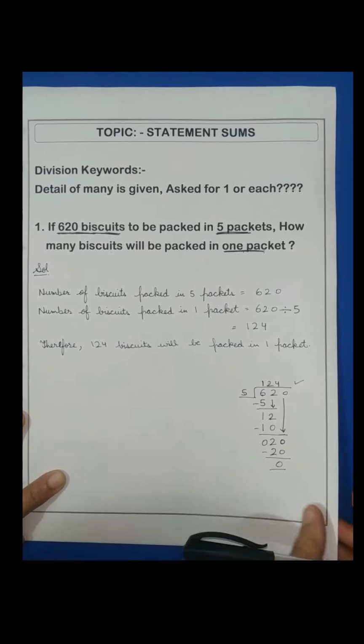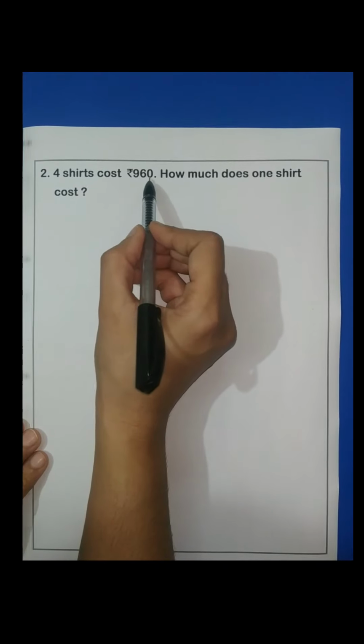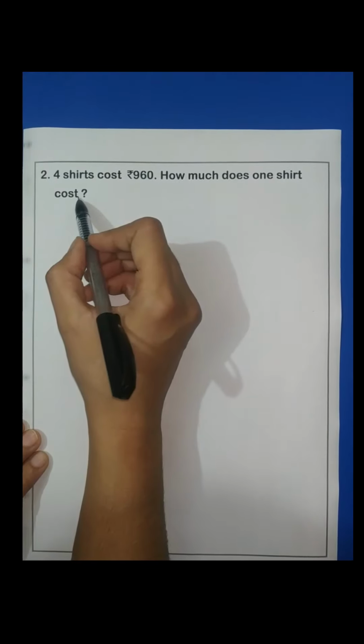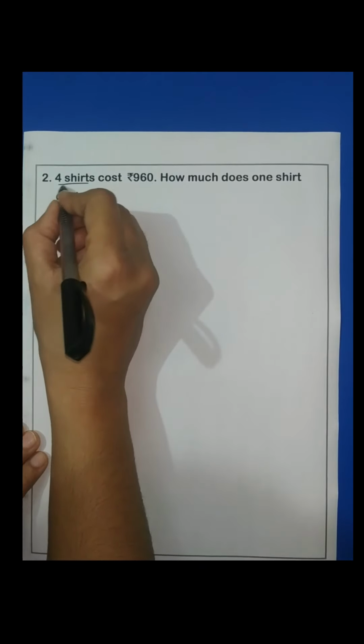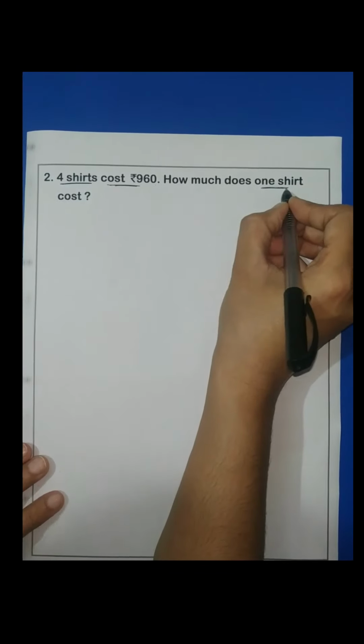Let's take another example. Four shirts cost rupees 960. How much does one shirt cost? They have given the information about 4 shirts cost and asking for 1.